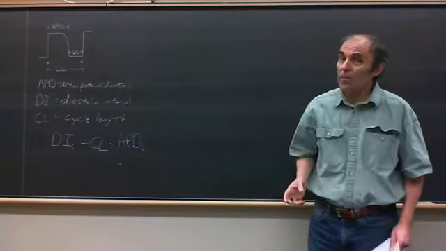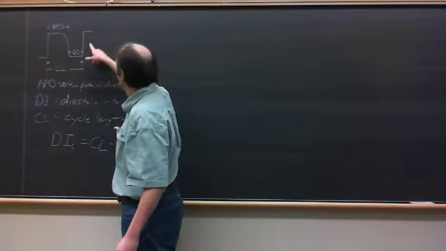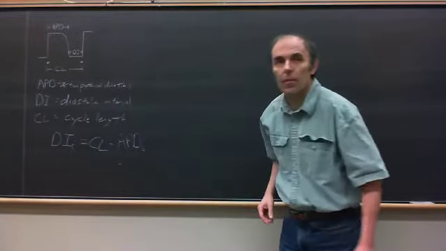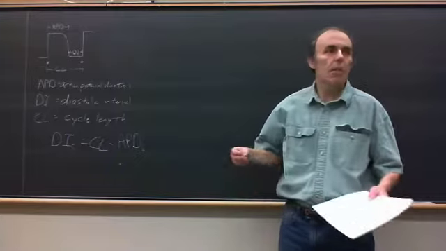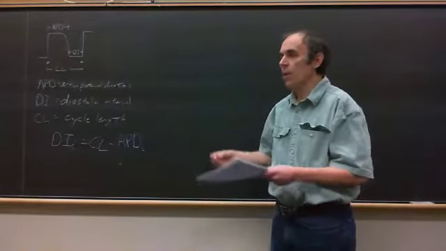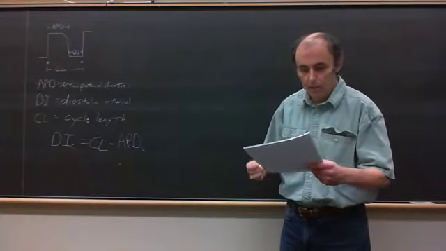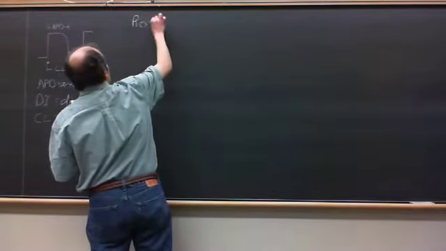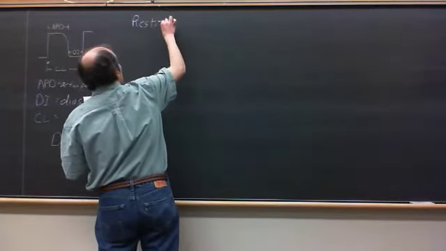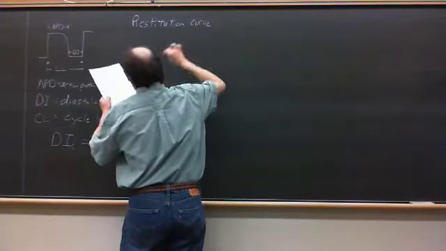Now the hard part is getting action potential duration for the next action potential if you know the diastolic interval. And that has to do with what's called the restitution curve. And the restitution curve is what's different between your homework problem 41 and this example that we're doing in class. So the restitution curve is basically a relationship.